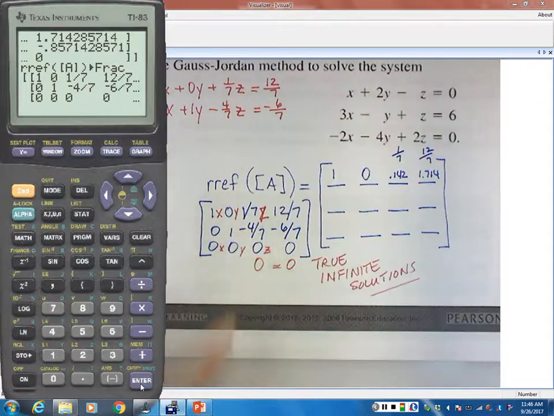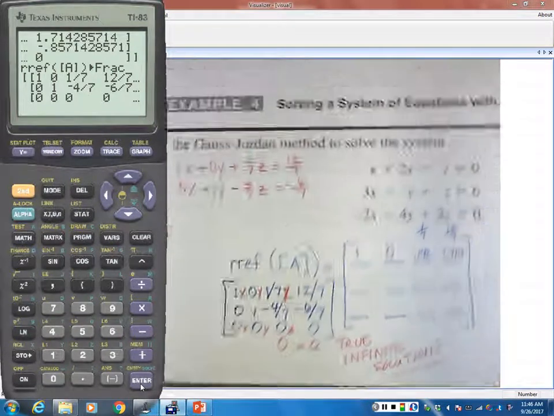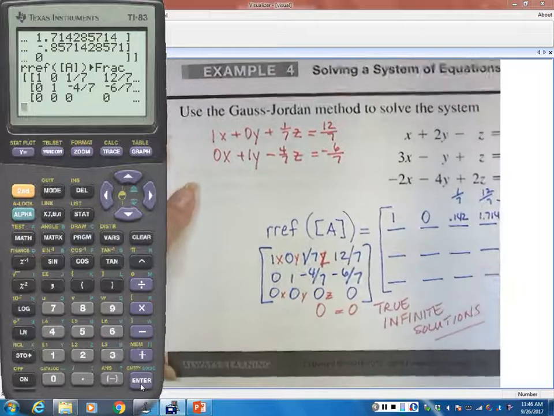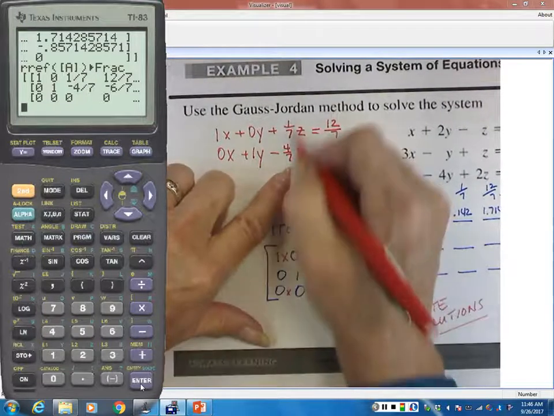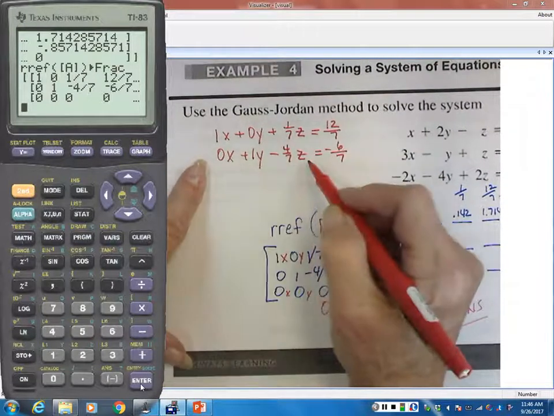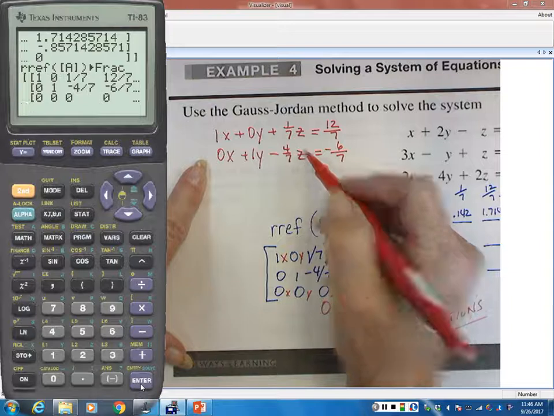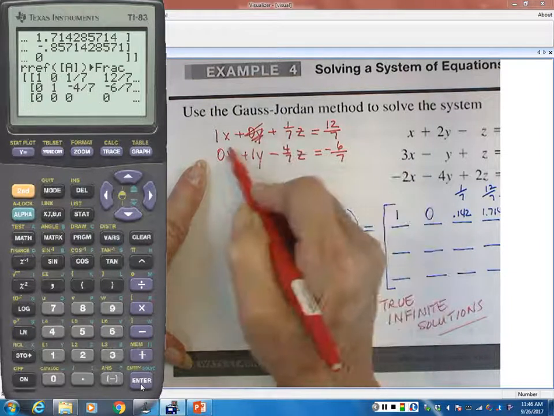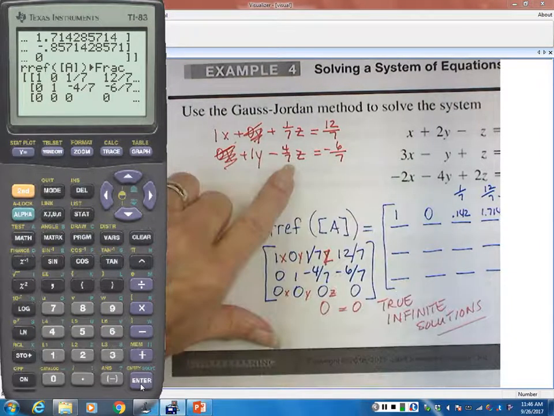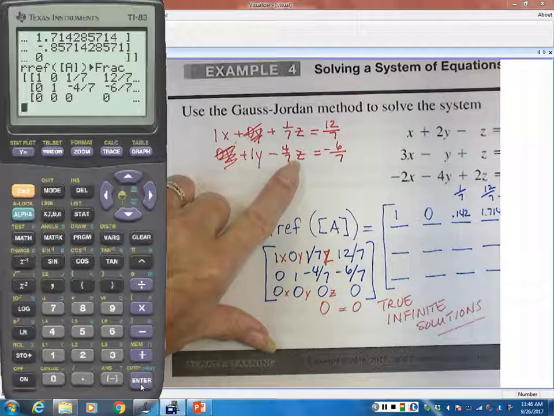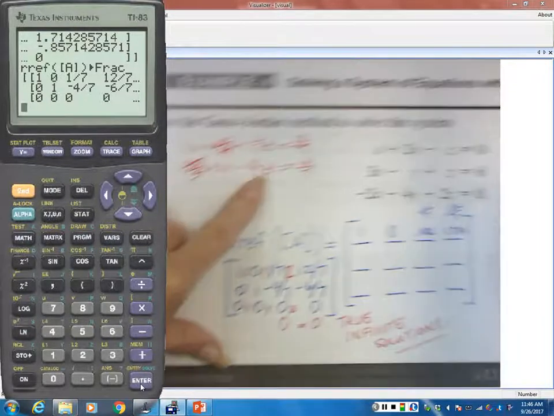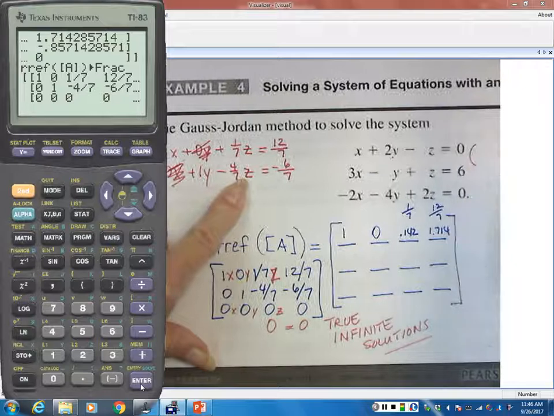While you might not like the fact that we've got fractions there, you really don't want those decimals. Notice what do both of these equations have in them? This one has no y's and this one has no x's. What do they both have? 7 as a denominator and the variable z. Okay? So z is going to be what we call the independent variable here.